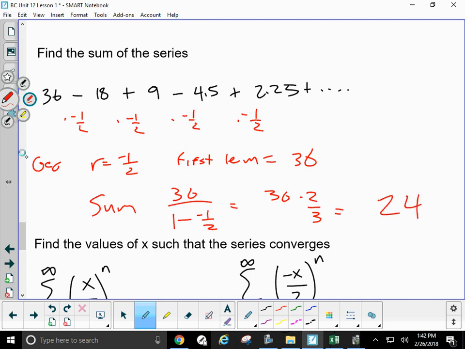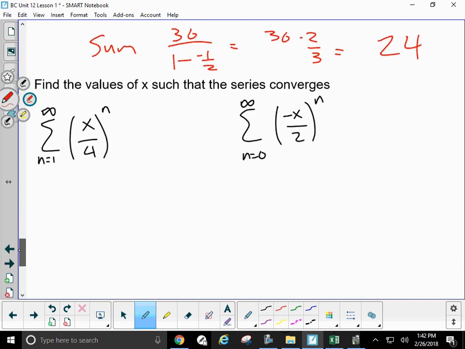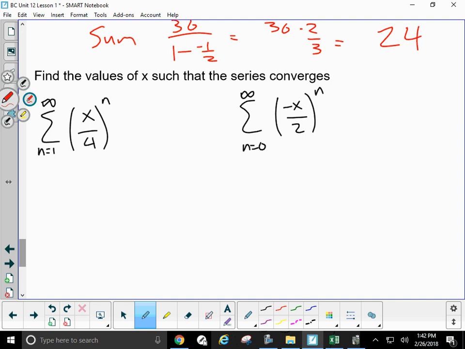Fantastic. The last type of question that you will see is finding the x's to make sure that the geometric series converges. So it says find the x value such that the series converges. Well, we know that the absolute value of R has to be less than 1. We can start with this.